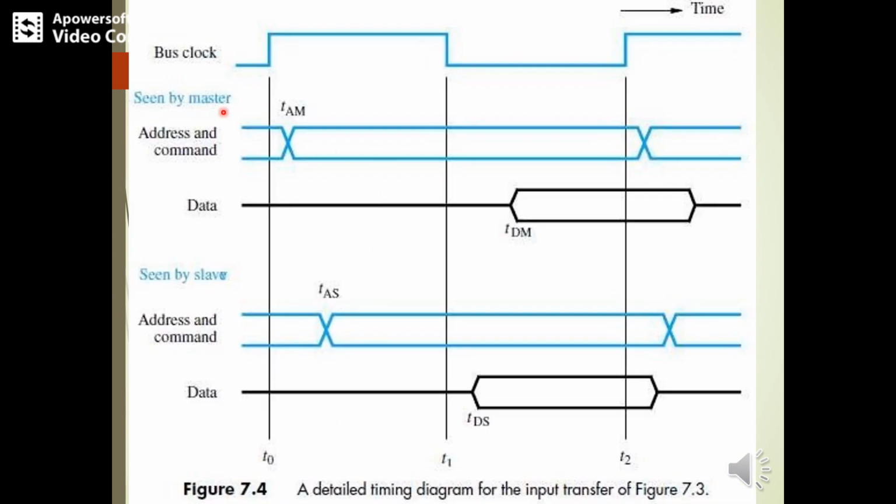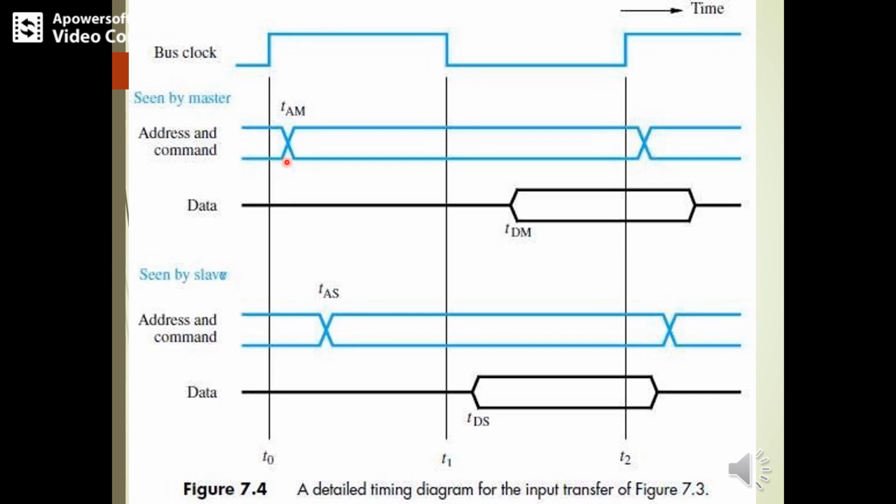Here we can observe the detailed timing diagram for the input transfer. This is the bus clock, and initially the master places the respective address and commands on the bus, but those address and commands are not immediately visible. It takes some delay.